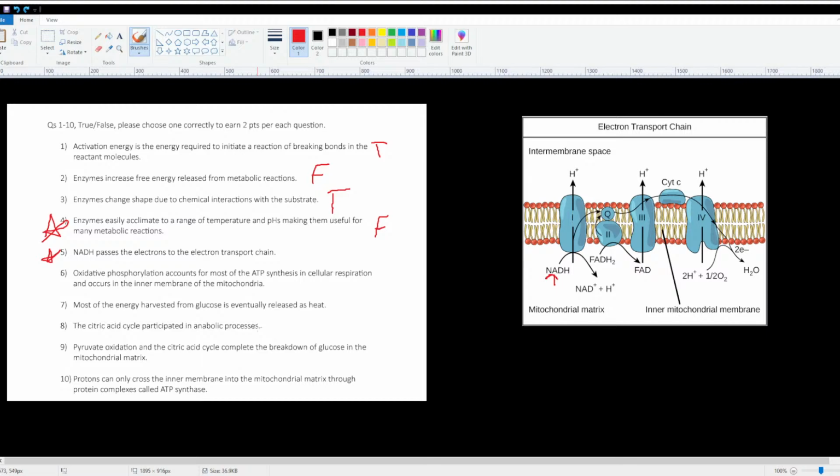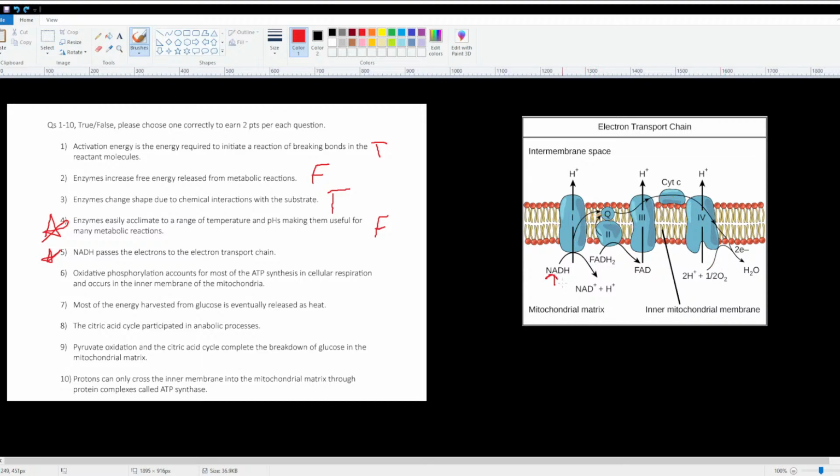So let's continue on. NADH passes the electrons to the electron transport chain. What's happening here is that the NADH isn't literally passing its electron to oxygen. And it is not passing its electron through these complexes to be accepted into oxygen.